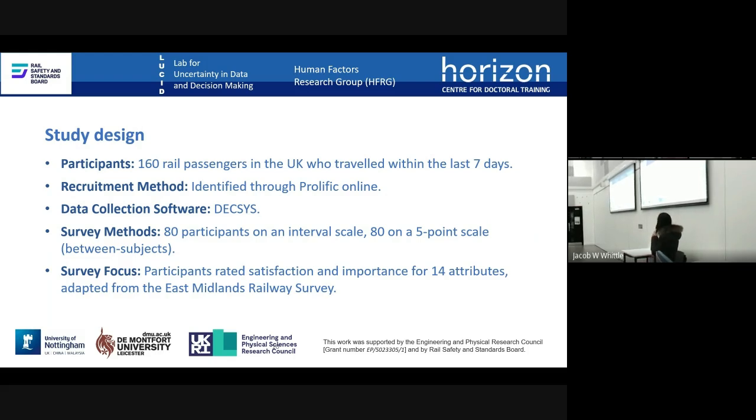In this survey, we asked them about their satisfaction and the importance of 14 different attributes adapted from the East Midlands Railway survey. In that way, we can try to find out the things that those real stakeholders are interested in.